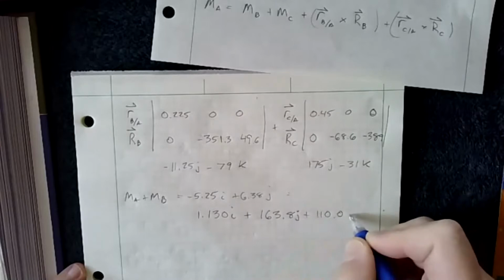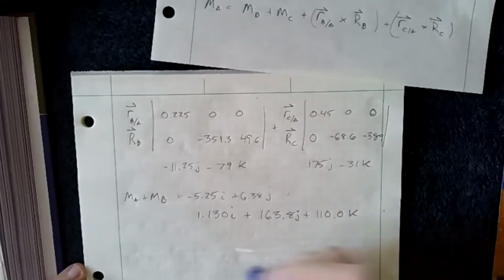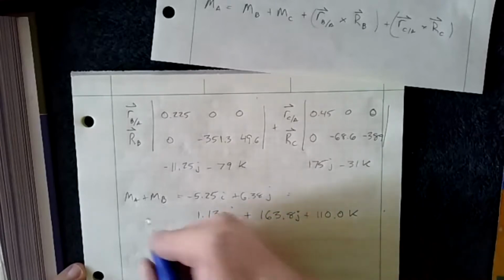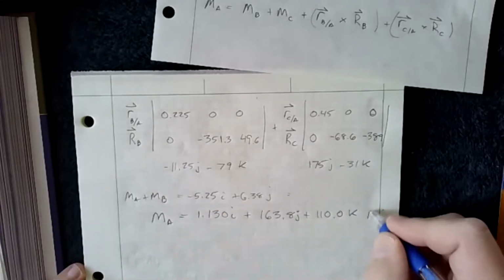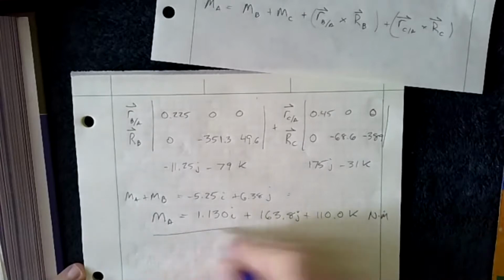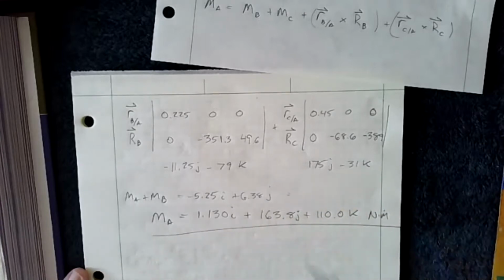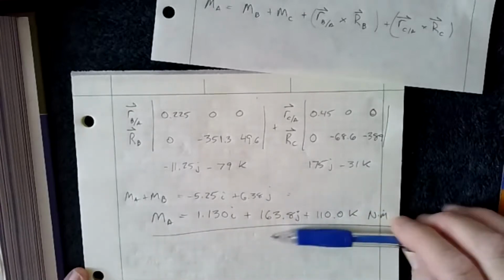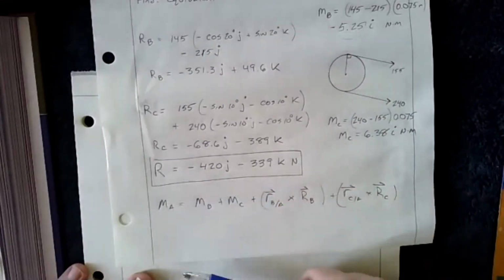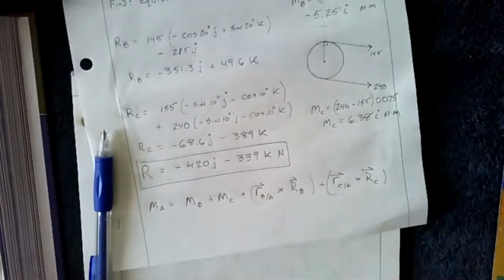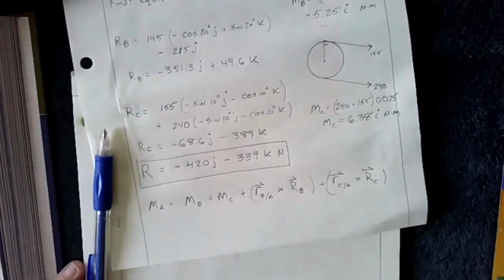So J and K and I. So the moment at A equals this, and that's all in newton-meters. And there's your answer. So your answer consists of this and this, our force couple system. Okay? That was long. All right.